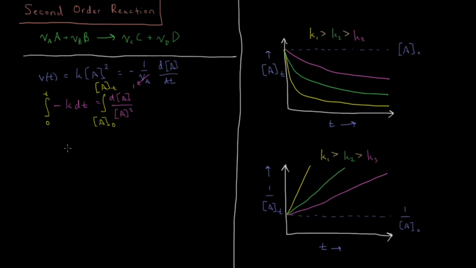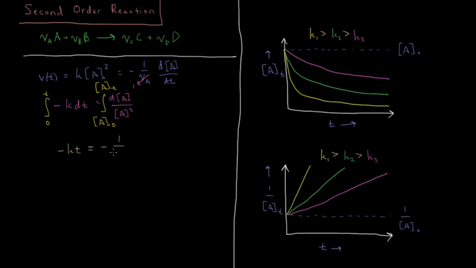Okay, so if we do this integration, then the integral of dt is t, t minus 0 is t, so we have minus kt for the definite integral on the left, equals. On the right, we have the integral of 1 over x squared dx, which is minus 1 over x.